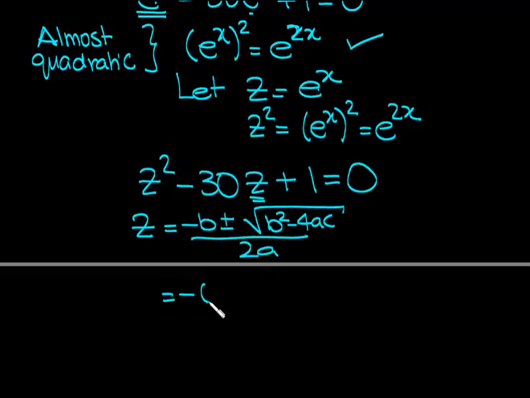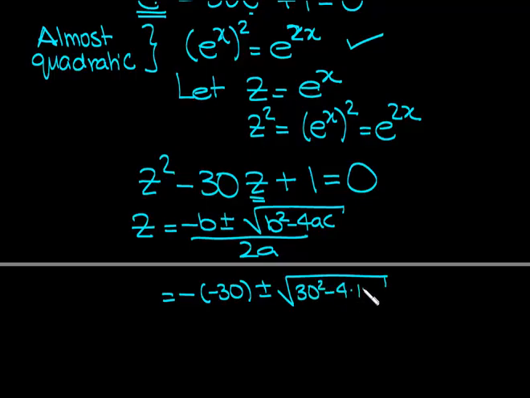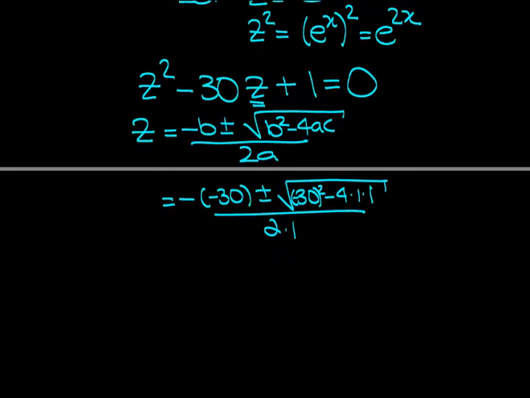So we get minus of minus 30 plus or minus the square root of minus 30 squared minus 4 times a, which is 1, times c. Oops, I forgot the parentheses around minus 30 squared. C is also 1, divided by 2 times 1.